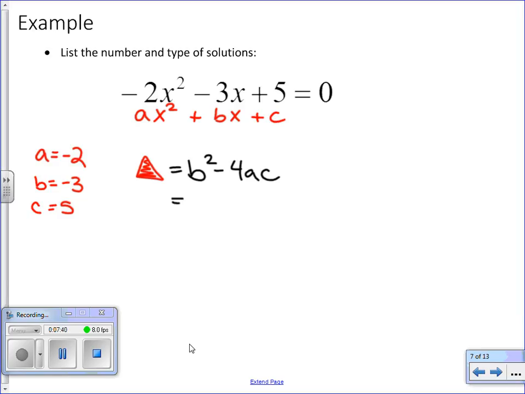So b squared, that would be negative 3 squared, minus 4 times negative 2 times 5. And I'm pulling those values from the side where I've listed out my a, b, and c. Notice that my use of parentheses in the very beginning is really important if I'm going to use a calculator.